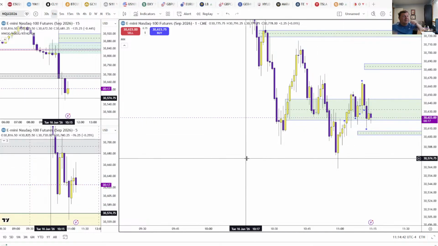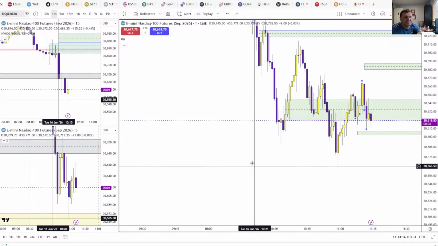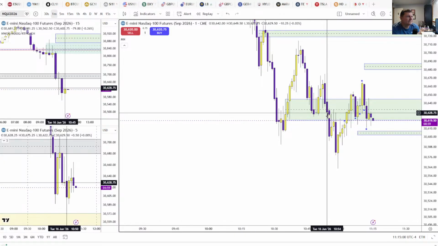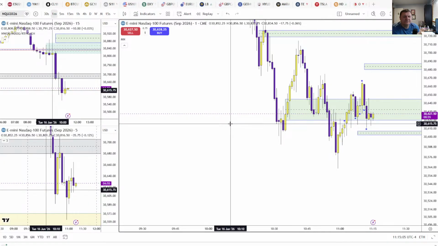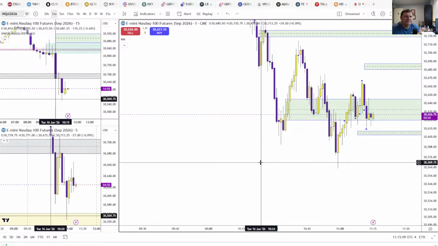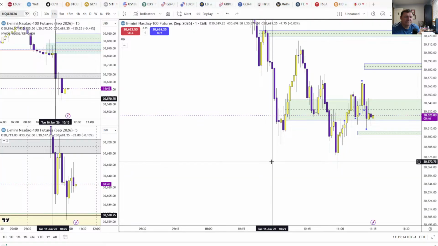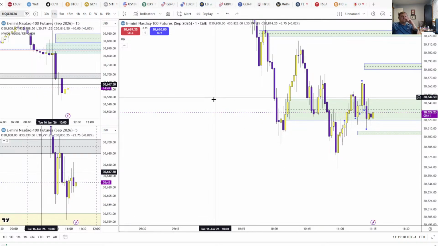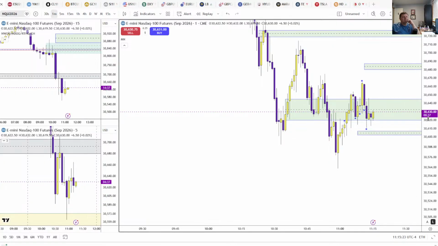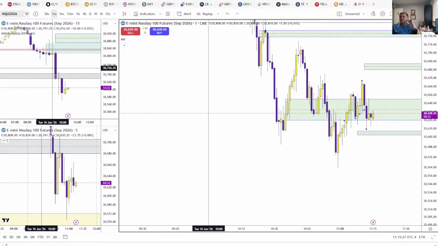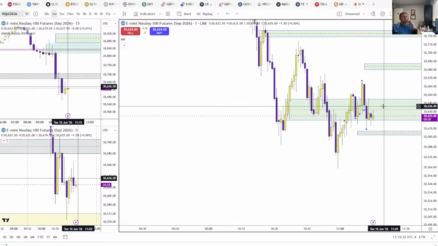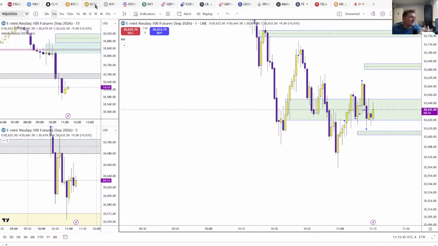But right now it's just chopping around inside this small little range, so it could go either direction. Just chopping around, guys. There's nothing for you here.